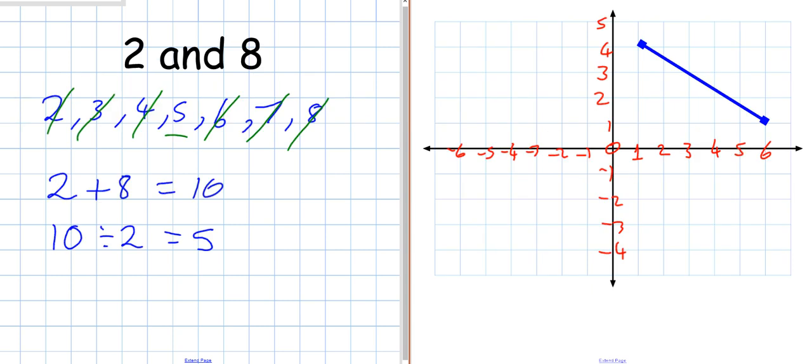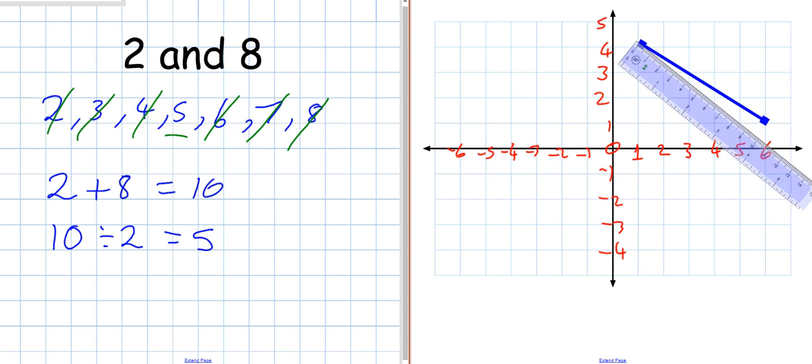Now, if we look at the midpoint on a line, again, there's a couple of different strategies you could use. First of all, you could look at the line and use a ruler and measure the line and find halfway down it.